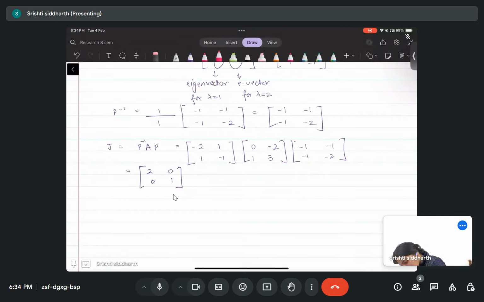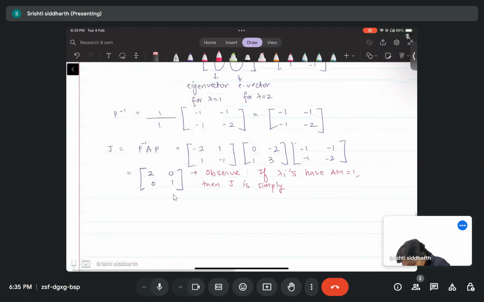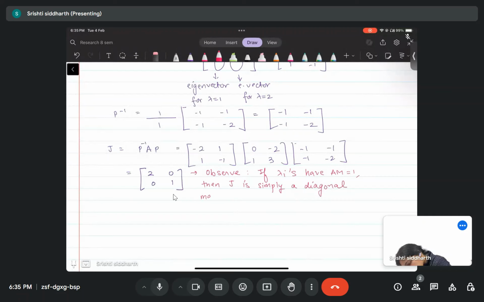Alright, so observe that if lambda has algebraic multiplicity 1, then J is a matrix containing the lambda i's on the diagonal.